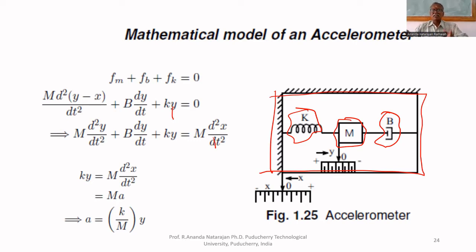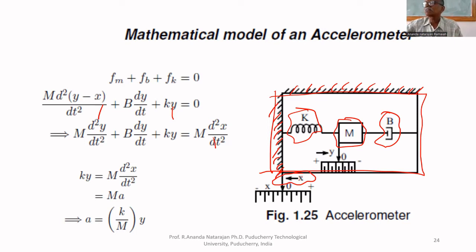I want to measure the acceleration of a body, and the accelerometer is attached to that body. These lines show it is attached to a mass whose acceleration has to be found.